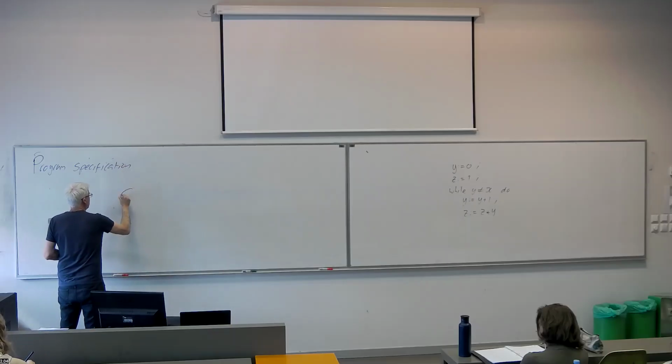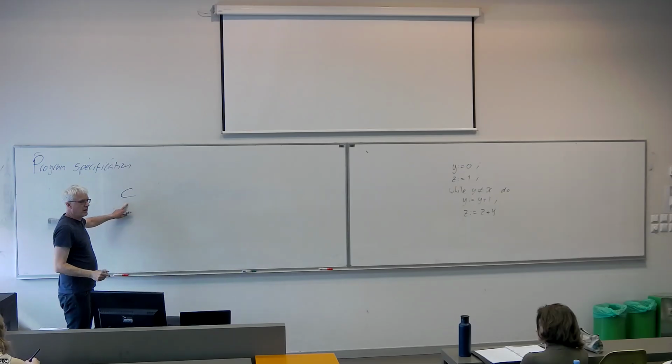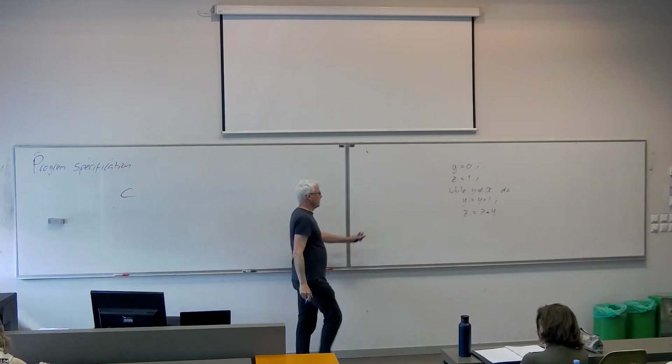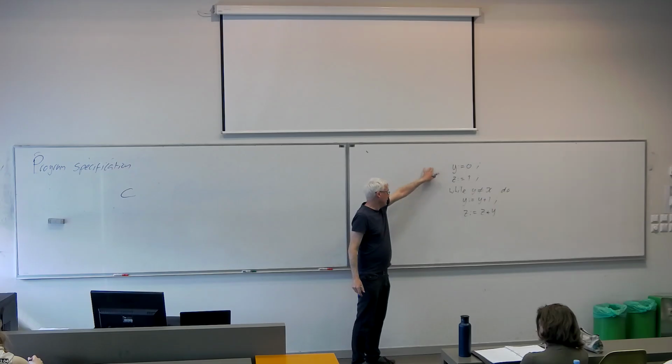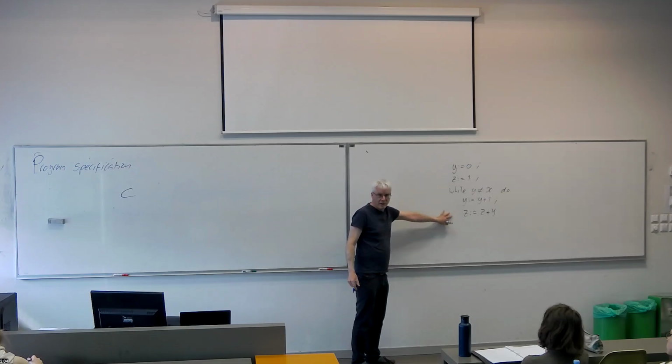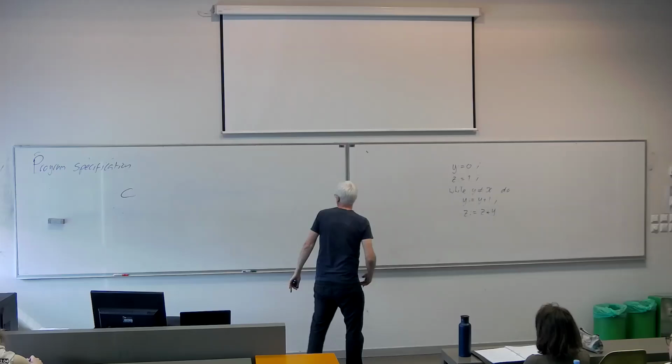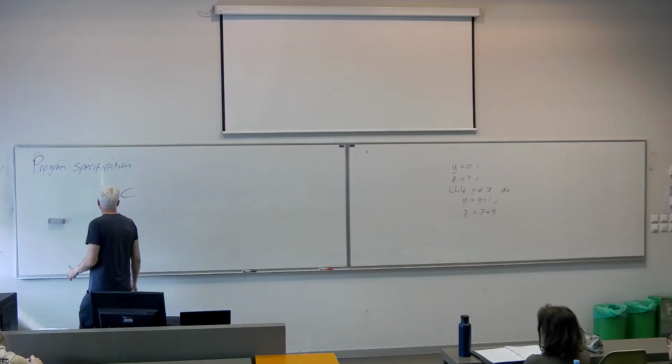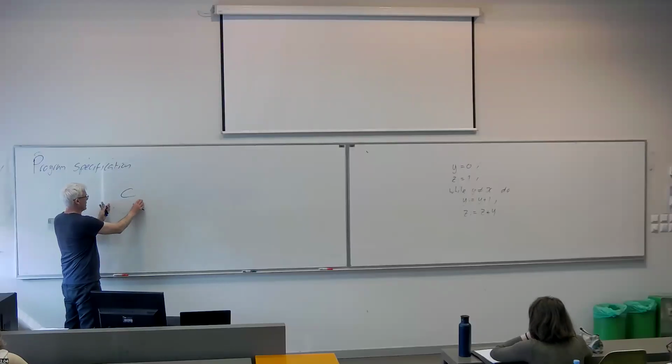You write a program, and one often uses C for a program, because these very simple imperative languages, people call programs commands. It's a command that alters the state. So here we could write a program like this.